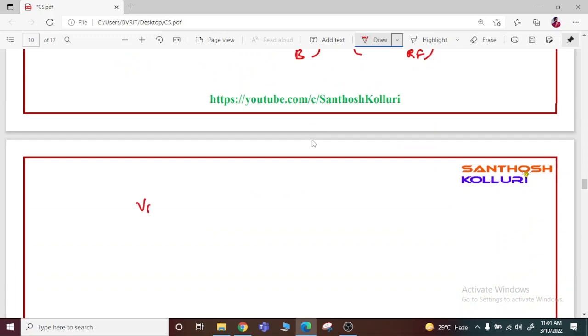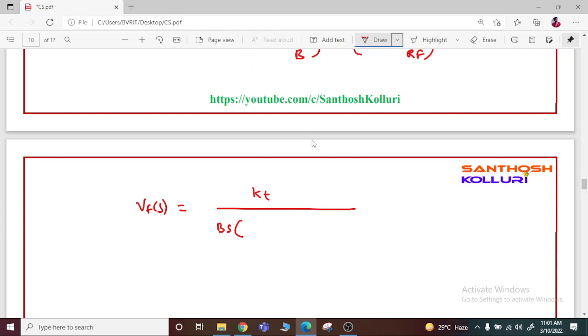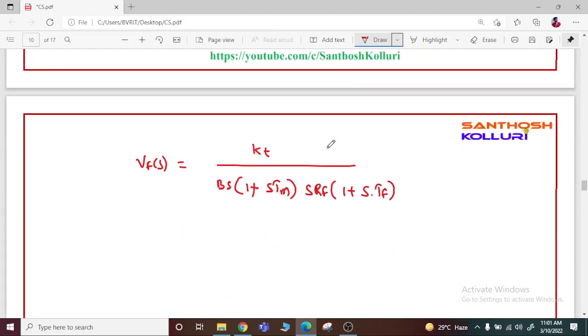Theta of s by Vf of s can be written as Kt by Bs, Kt by Bs into (1 plus s into mechanical time constant) and Rf into (1 plus s into electrical time constant Tf). So this is the transfer function of the DC motor with respect to field control.